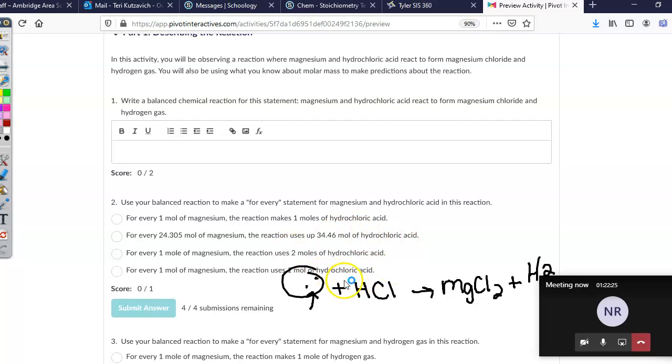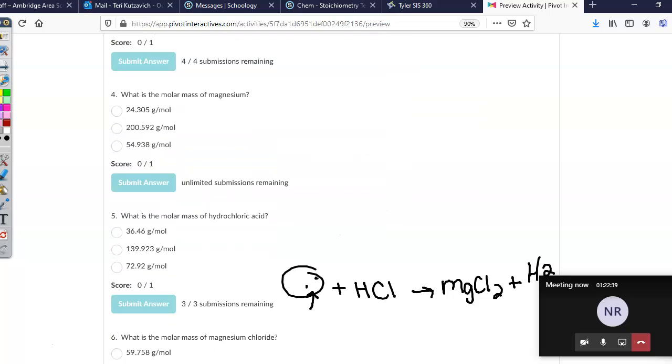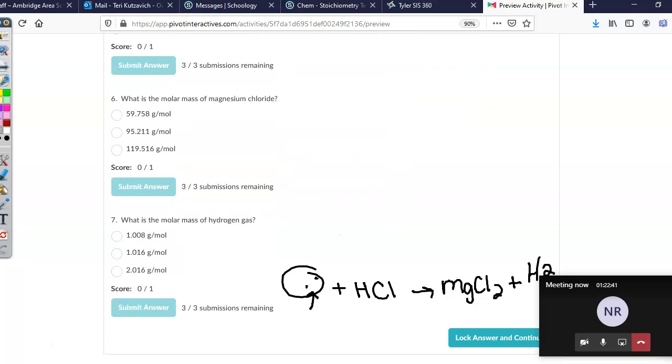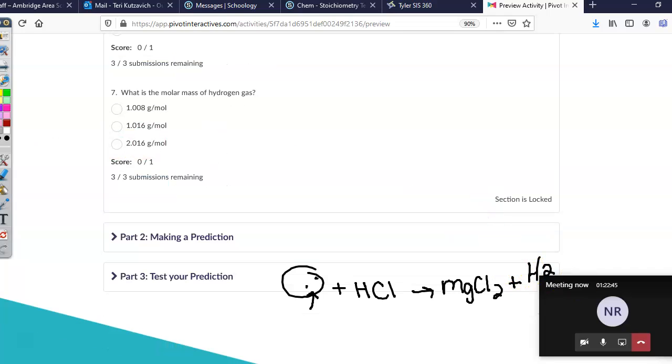And that's what you have to figure out. If the coefficient in front of hydrochloric acid is 2, then this one would be true. So that's what you do for 2 and 3. You're looking at the coefficients. For 4, 5, 6, and 7, you're adding up the masses from the periodic table. So that will not be difficult for you.